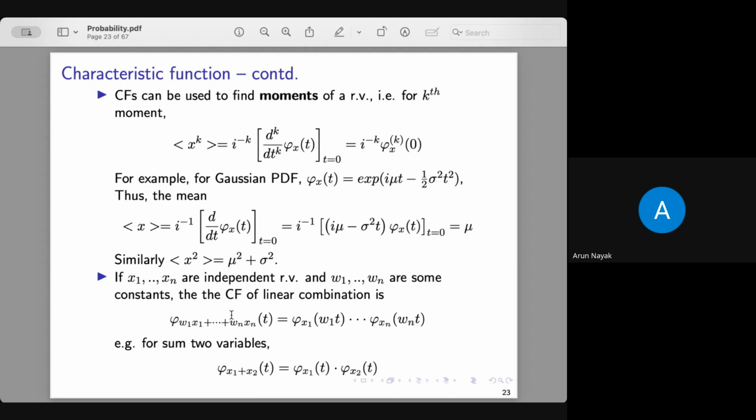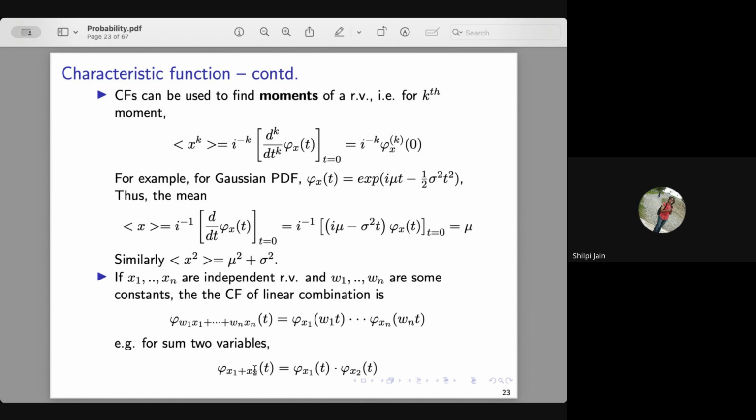If y is the sum over wi xi, then the characteristic function is simply the product of the characteristic functions of the individual xi's. Say if you have just the sum of two variables, you have the product of these two, x1 and x2, and from here you can get back the PDF easily, if I understood correctly.